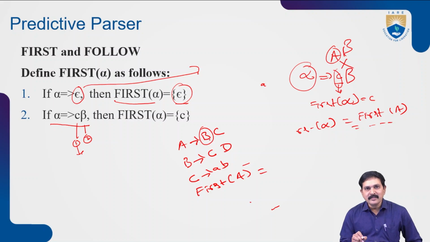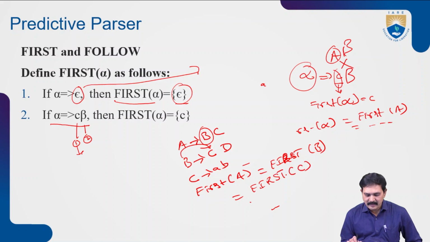That's why you recursively call again: first of B. First of B is nothing but again you go to the first symbol of the right hand side of the production of capital B. It is also a non-terminal, so again you call first of capital C. Like that we define it.